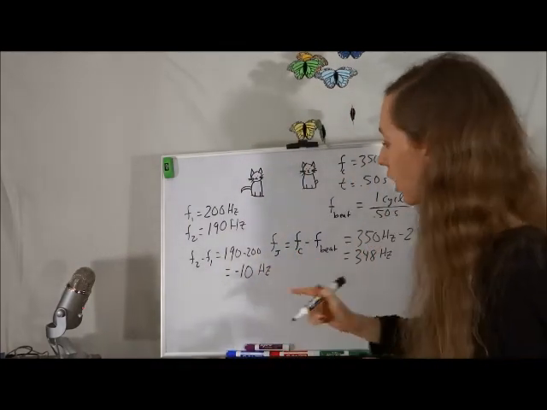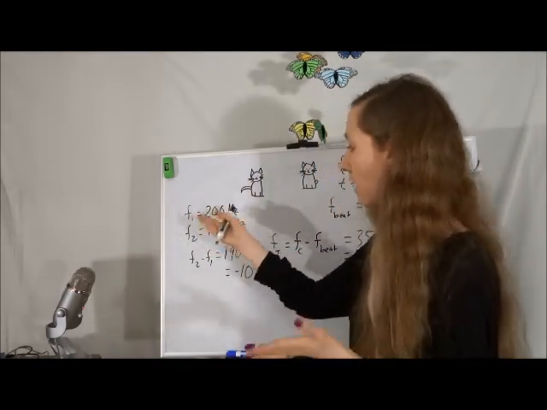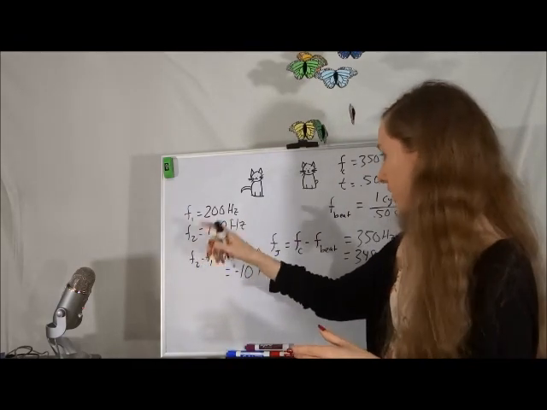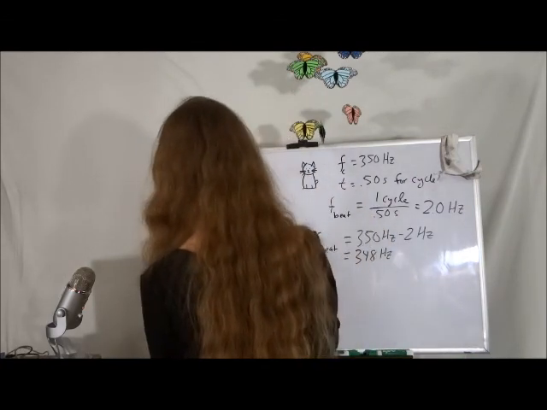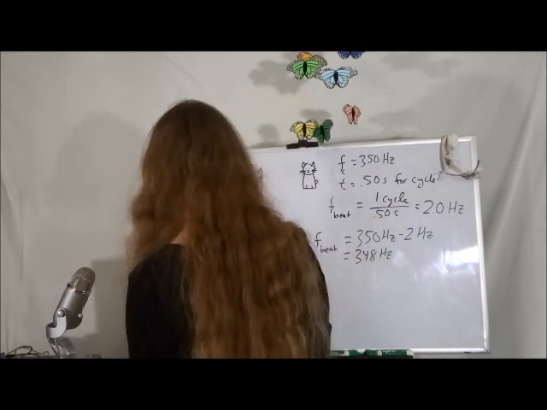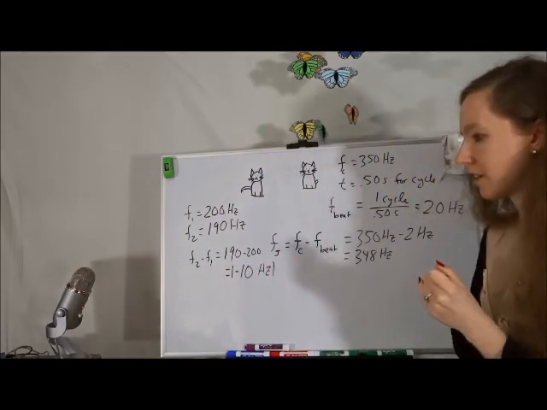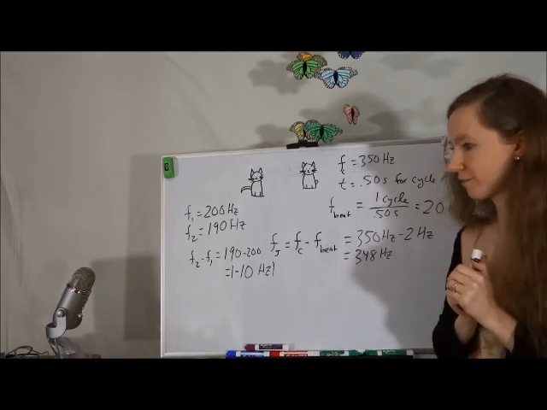But since it's arbitrary which one we call F1 and which one we call F2, because we could just as easily say that this one's F1 and this one's F2, that's why we take the absolute value. Okay, now I understand. Thank you. No problem. Any other questions?